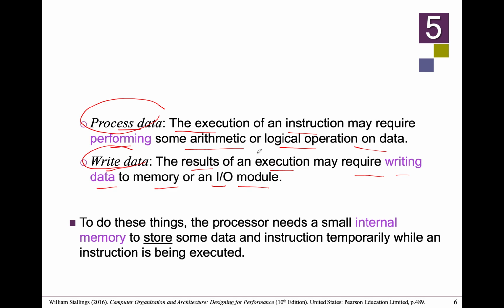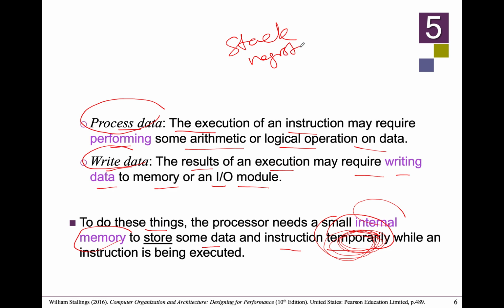So it depends on how you write your instructions. To do these things, the processor needs a small internal memory to store some data and instructions temporarily. You already looked at this when we learned about your stack and your register. So there are several temporary places that you can put data.